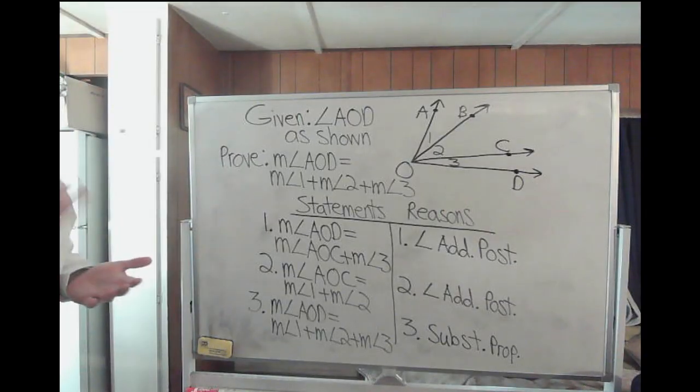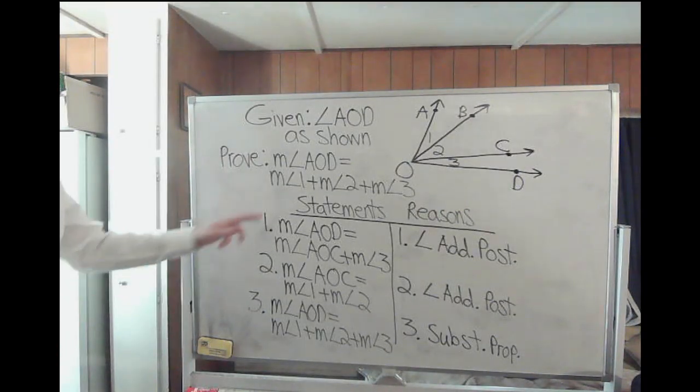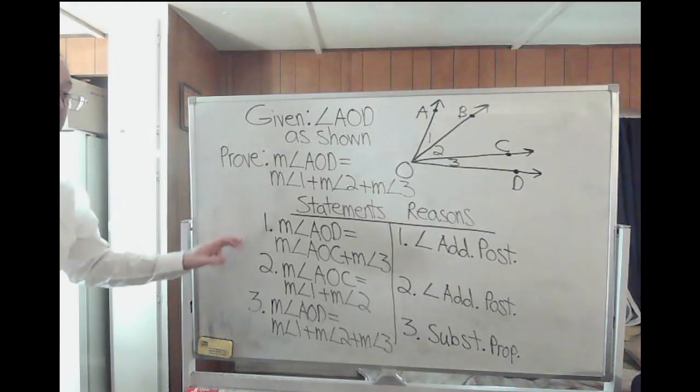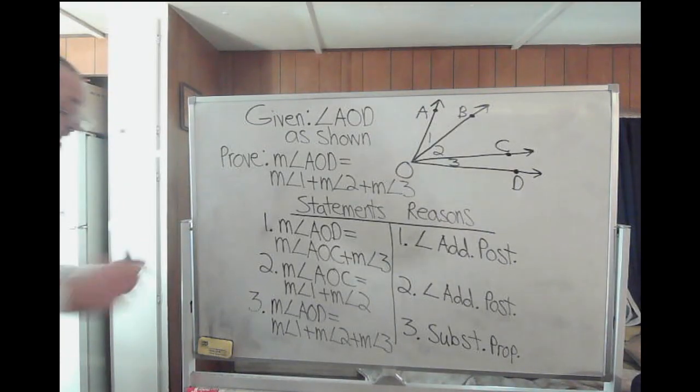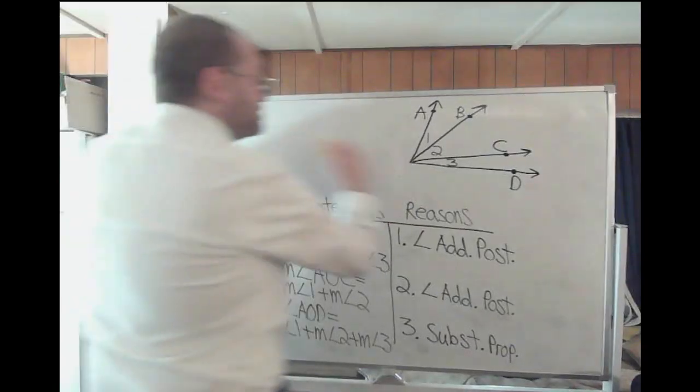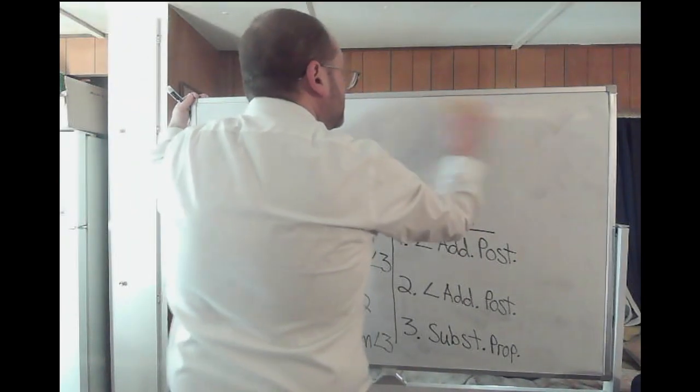Most of the time, like 90% of the time, you'll use your given information as your first step. Not always, there are exceptions to that, but most of the time you will. But I do have more examples of proofs.